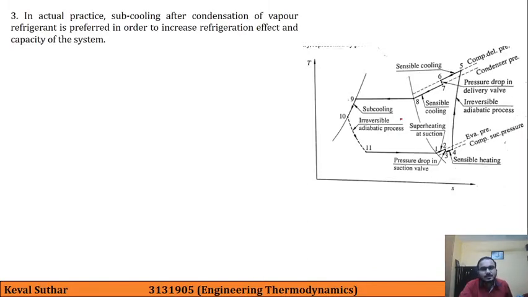The next is in actual practice. So let me indicate which terms we have already explained. Point 2 to 3 is done, 3 to 4 is done, 5 to 6 is done, and 6 to 7 is done.